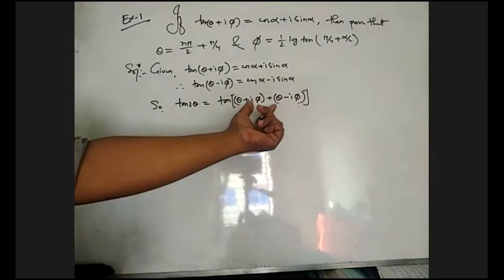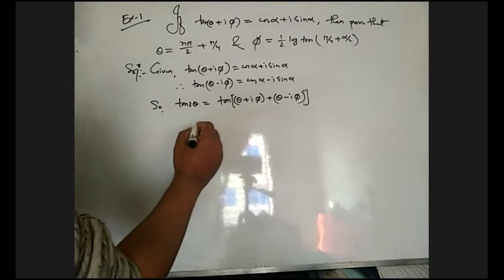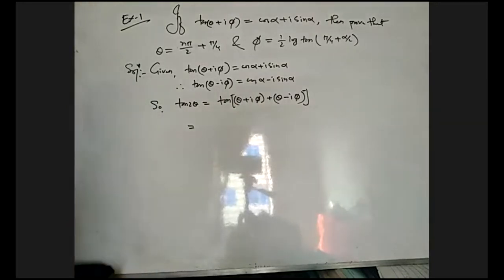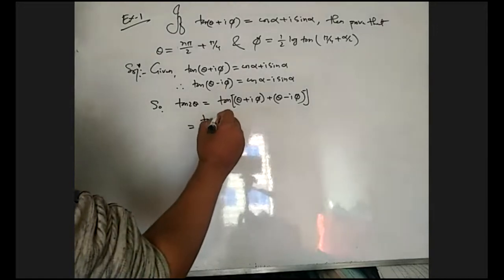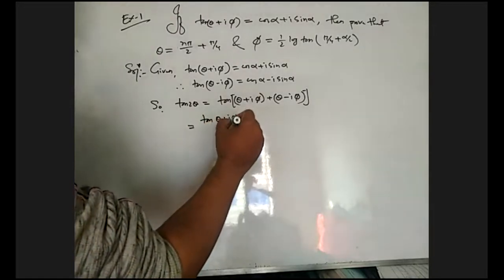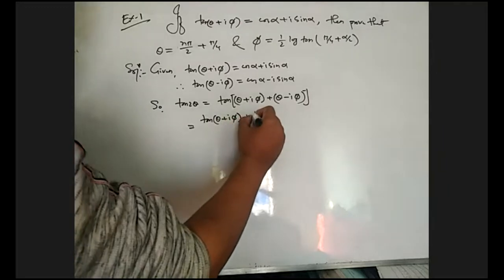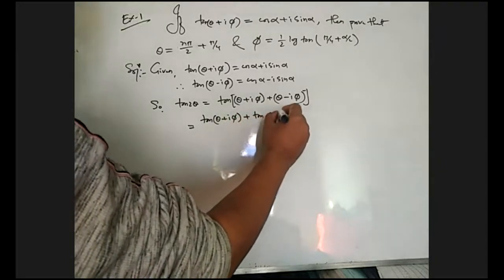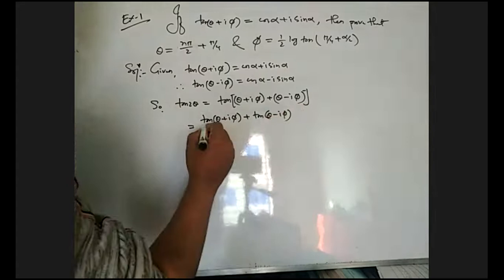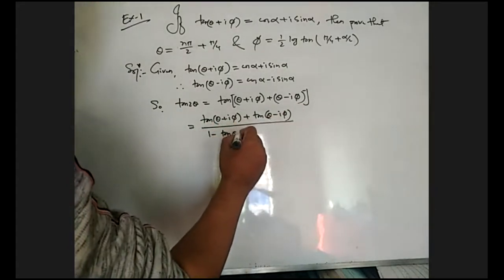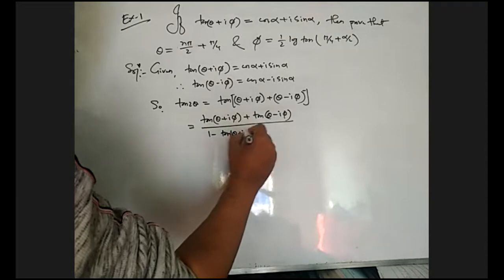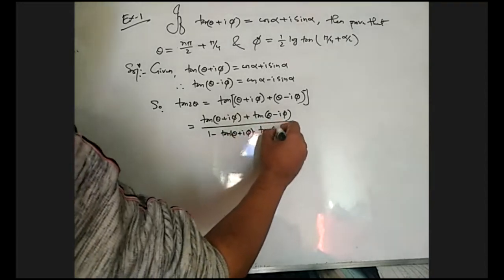So this will be the tan A plus B formula. Now tan A plus B formula, what? Tan A plus B equals tan A plus tan B divided by 1 minus tan A into tan B.